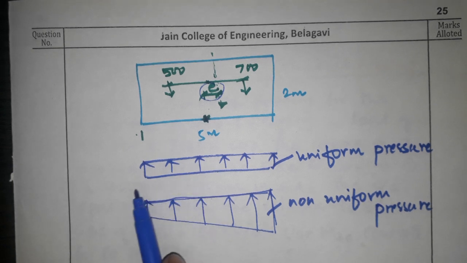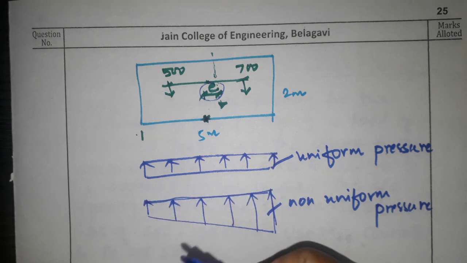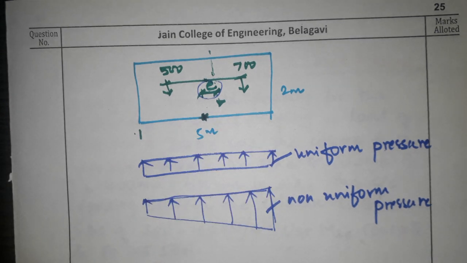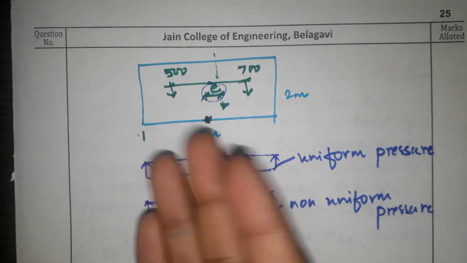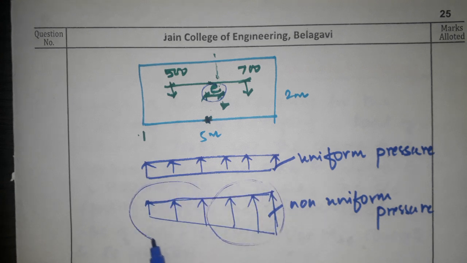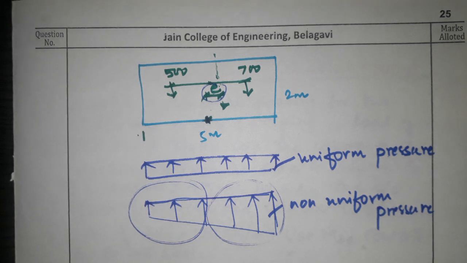And when the pressure is more here, it will try to push this side, so the footing will try to overturn, or we have to design separately for this part because the pressure is more, and separately for this part because the pressure is less. So manual calculation will increase.